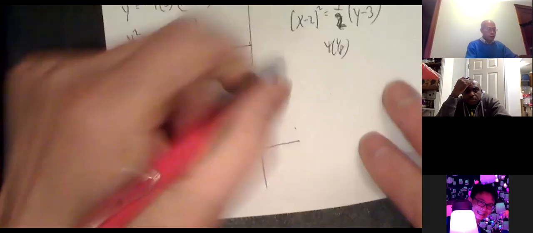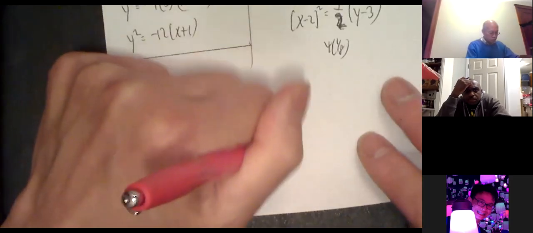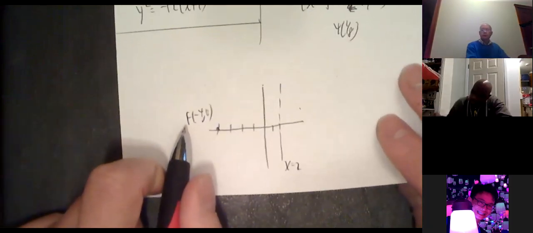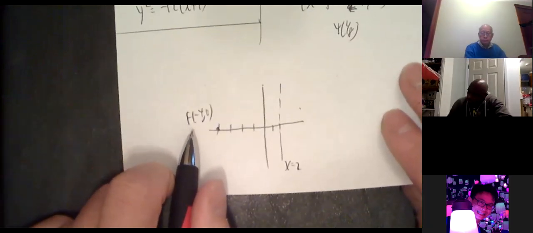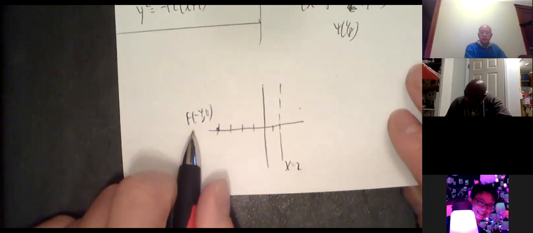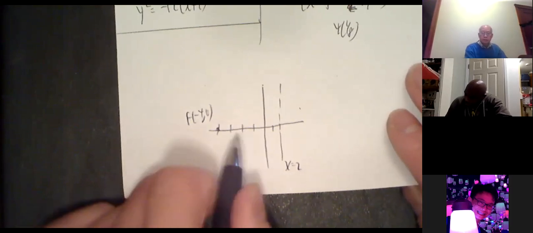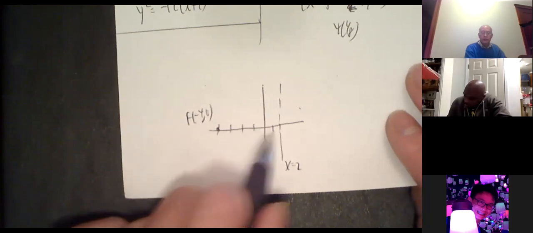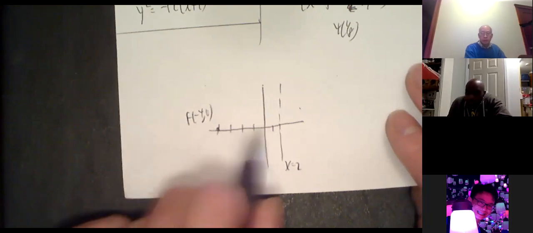The focus, and the directrix was x equals 2, to start. So where's the vertex? It's going to be halfway. I counted 1, 2, 3, 4, 5, 6. 6 units from there to there. Half of that is 3.